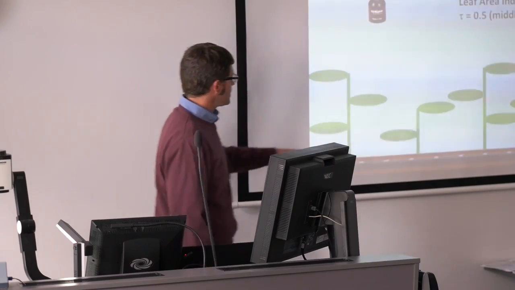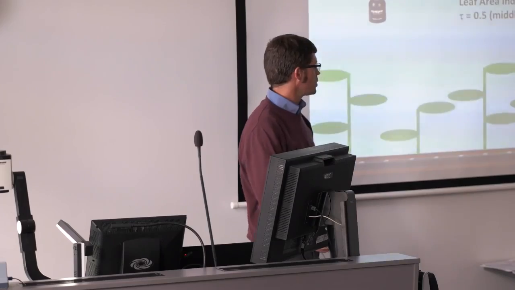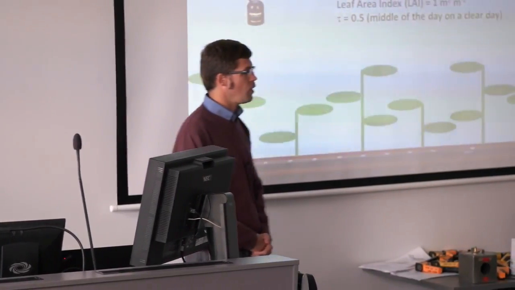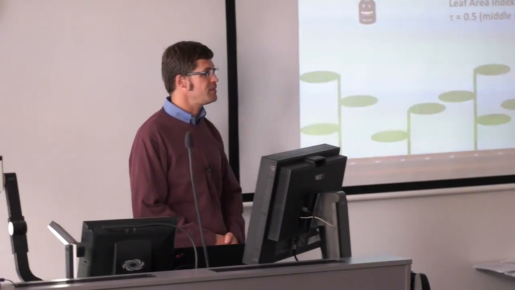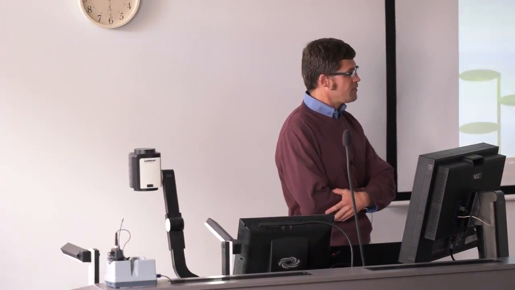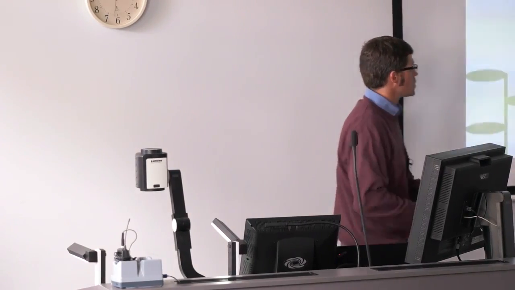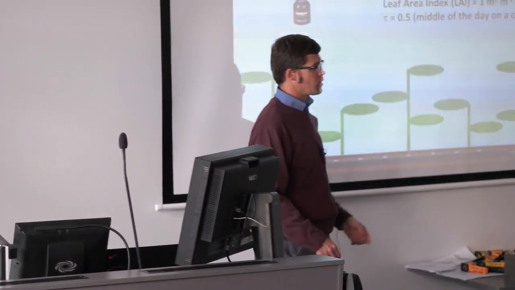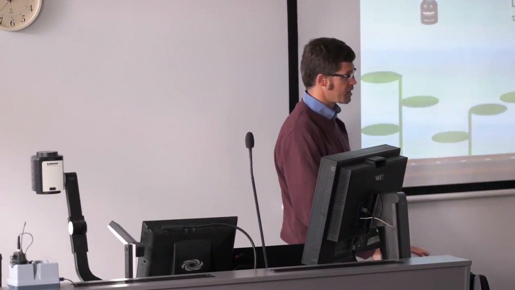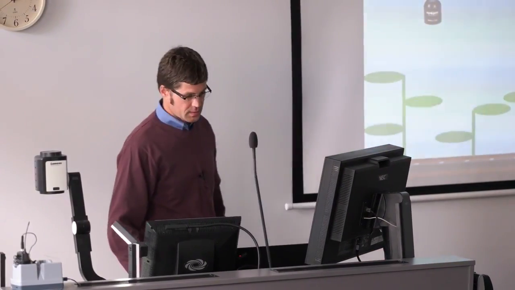And so for a relatively sparse canopy like this one here, the leaf area index might be roughly 1 meter squared of leaf area per meter squared of ground area. In the middle of the day, on a sunny day, the transmittance would be about 50%, where roughly half of the sunlight that you're measuring above the canopy would actually get transmitted below the canopy.